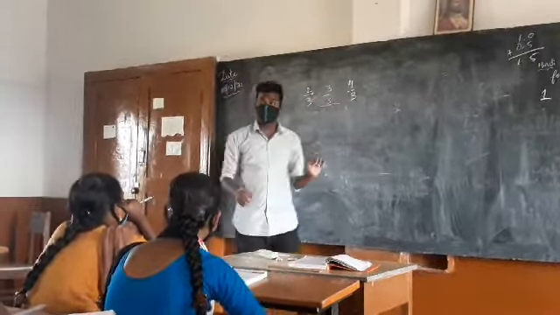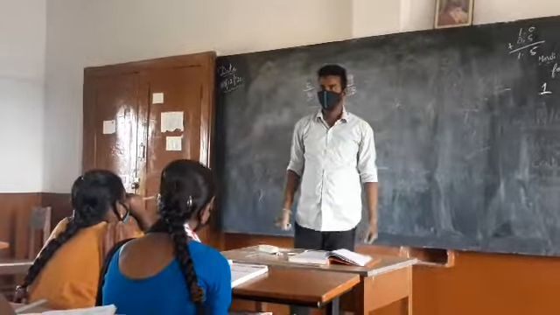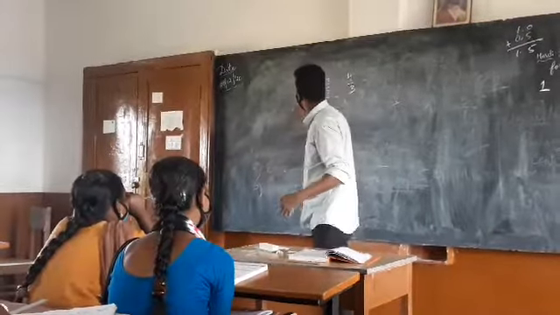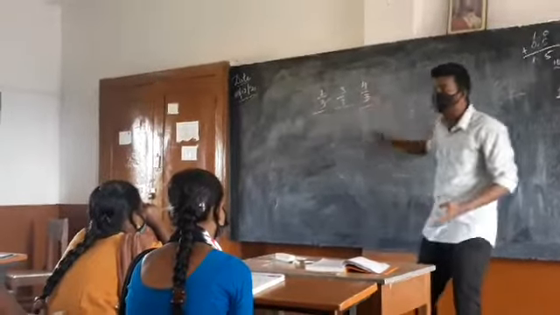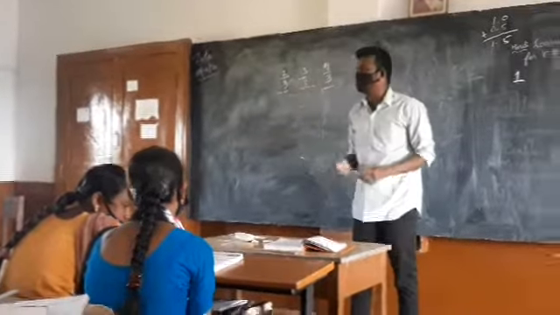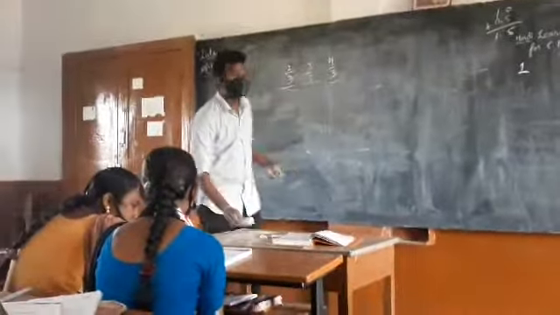But if it is asked, find 10, find 20, find 30, like that. We already know there are infinite rational numbers between any two rational numbers. That means there are infinite rational numbers between 2 by 3 and 4 by 3 also. But we are able to see 3 by 3 directly, we couldn't find the other rational numbers. It is very easy.